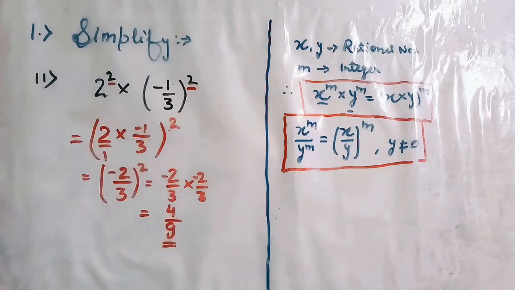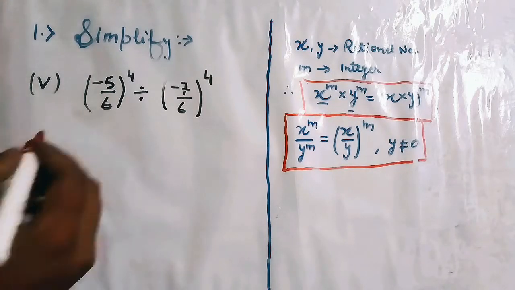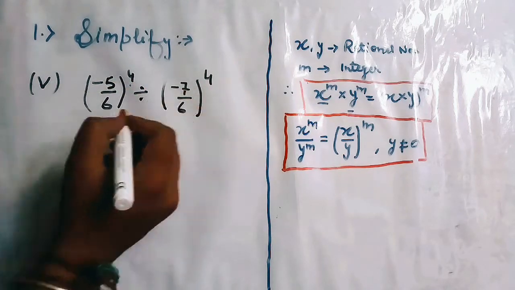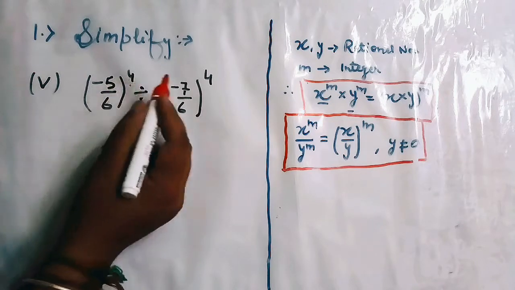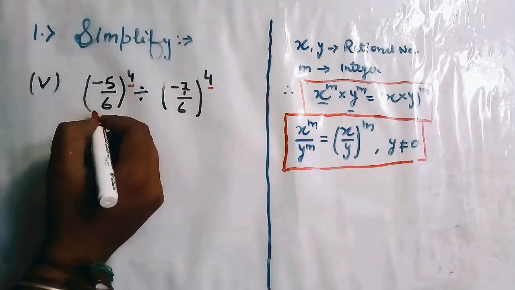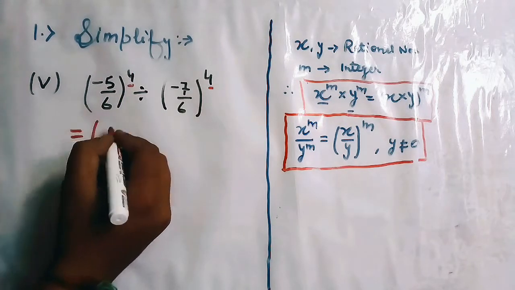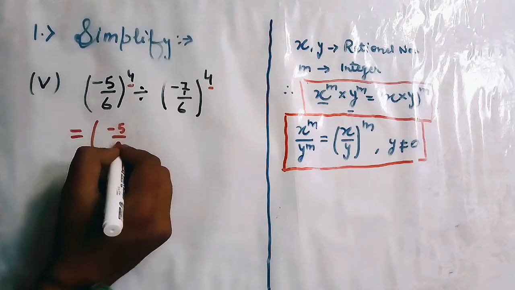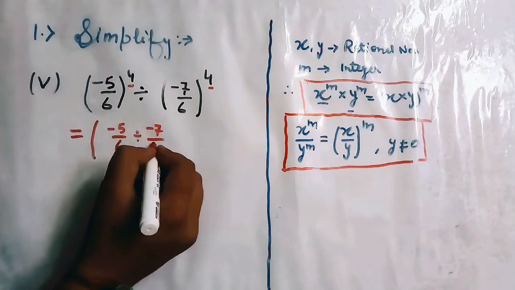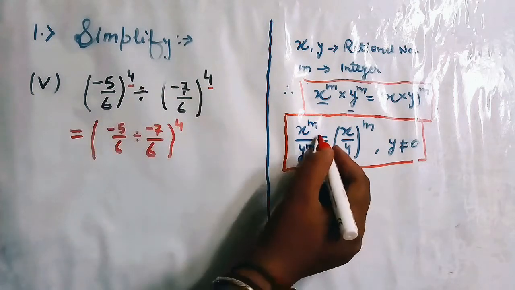Let us simplify one more question, that is (minus 5 upon 6) whole raised to power 4 divided by (minus 7 upon 6) whole raised to power 4. The powers are same again. You can take it common, use the second property, divide is there. So (minus 5 upon 6 divided by minus 7 upon 6) whole raised to power 4.